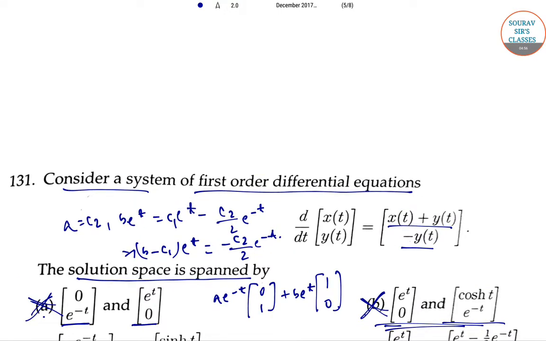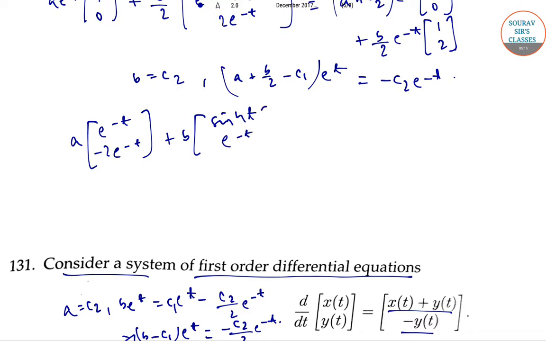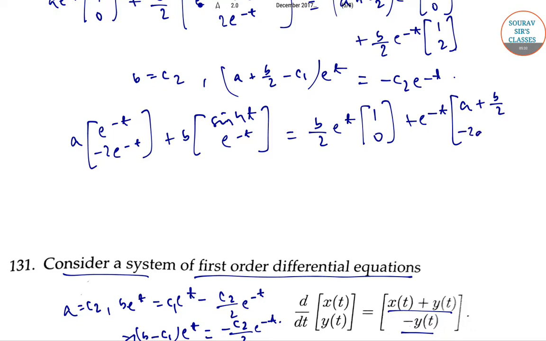Now for option C, the span of the vectors is given as a (e^-t, -2e^-t) plus b (sinh t, e^-t), which is equal to (b/2) e^t (1, 0) plus e^-t (a + b/2, -2a + b).